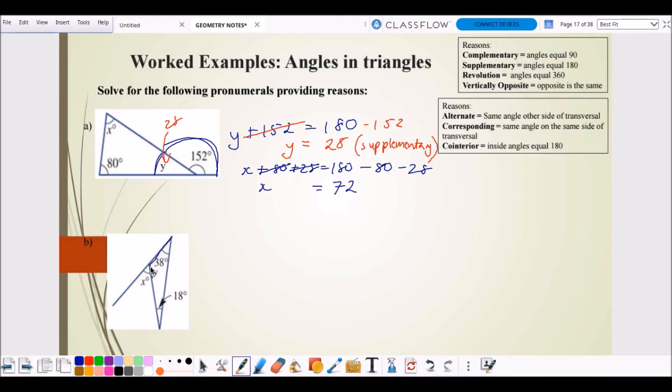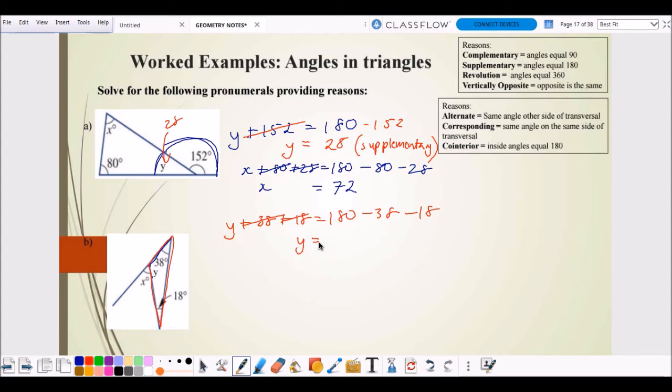Work with me. This is a triangle, and I know that y plus 38 plus 18 should equal 180. So in that case, isolate the y. So that's minus 38 minus 18.